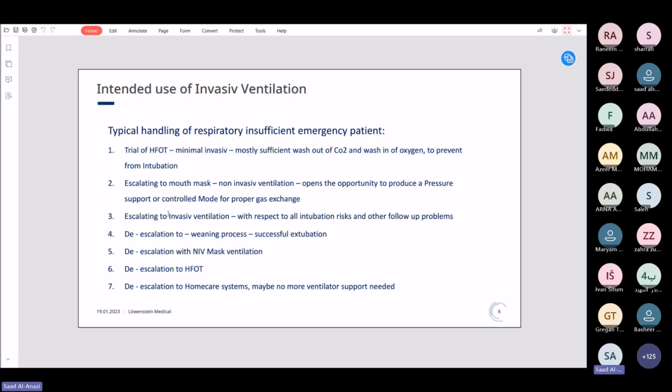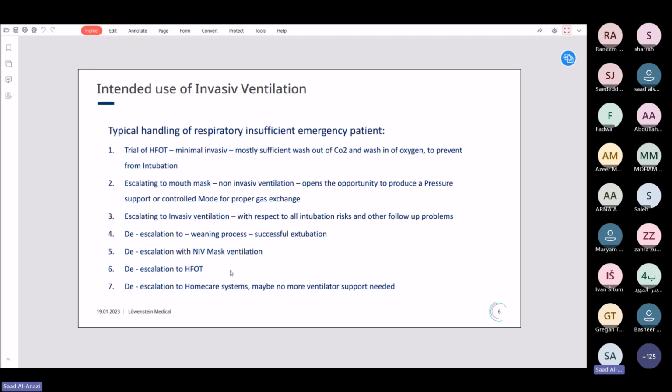Then if there is no improvement, then you can move to invasive ventilation. After you finish all this, we'll go back to de-escalation, the weaning process for successful extubation. After you extubate the patient, maybe the patient requires the NIV mask, or escalating to the high flow, or send them to the home care system.